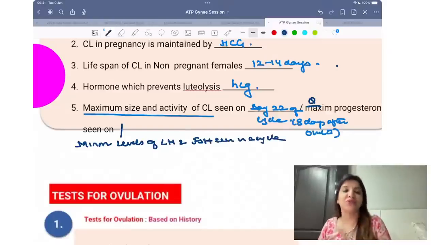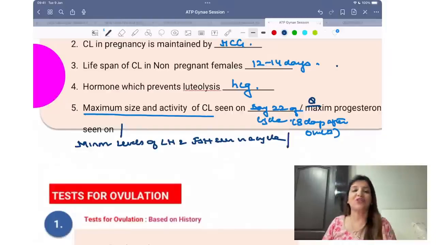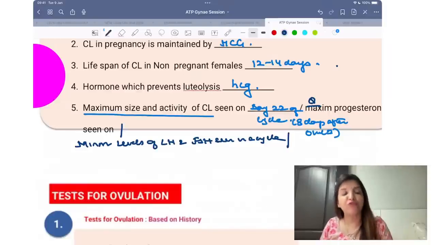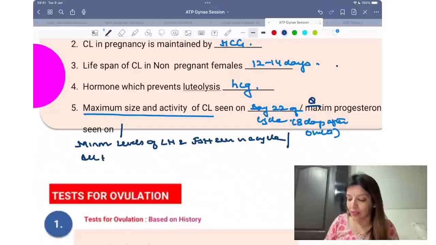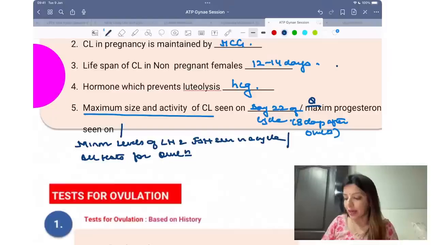Then also your answer is going to remain the same, day 22 of the cycle. Same question को पूछा जा सकता है एक और तरीके से. Whenever in an infertile couple, I want to know whether the female is ovulating or not, I have to check कि progesterone present है कि नहीं है. So all the tests for ovulation, they are done on day 22 of the cycle.